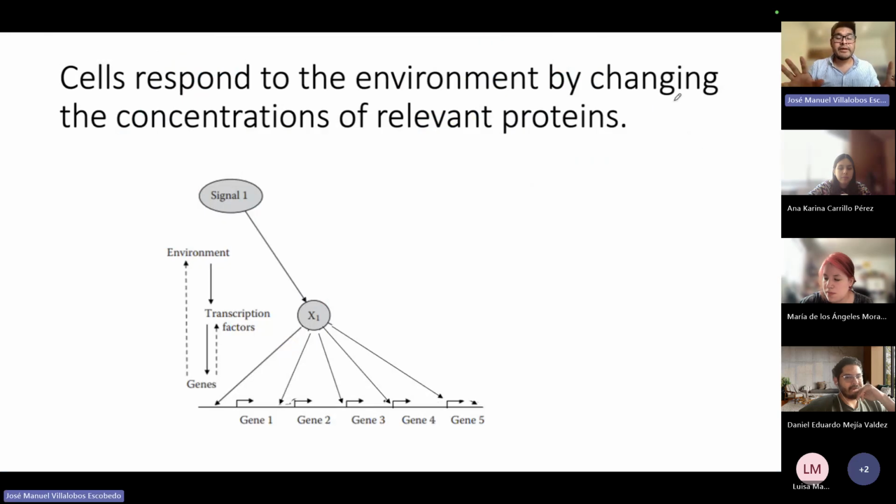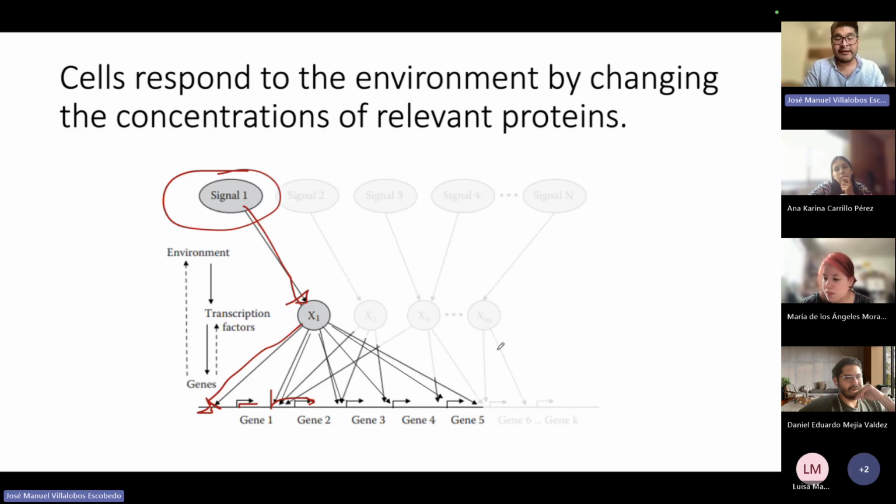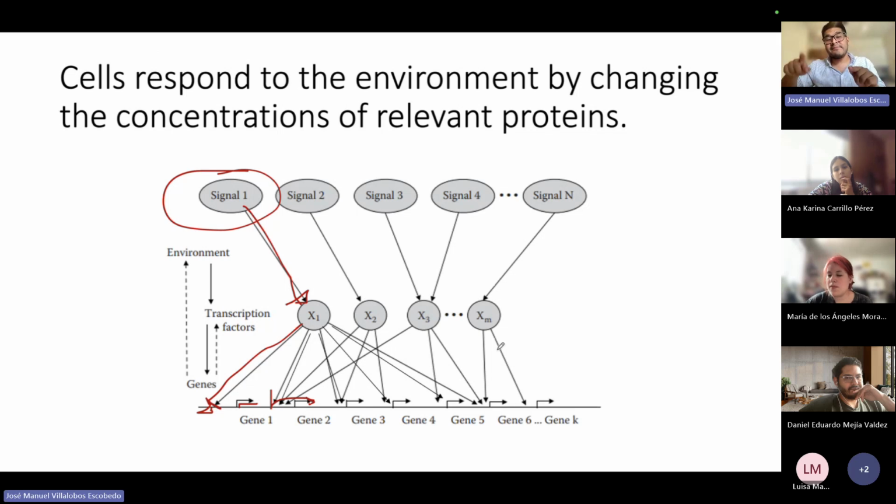So how can we describe that? We can say, okay, we have a signal, and this signal activates a transcription factor, and this transcription factor can go to the promoter of the genes and start the expression of many genes. Many of them, at another level of complexity, can activate many kinds of transcription factors, and they can co-regulate many genes at the same time.